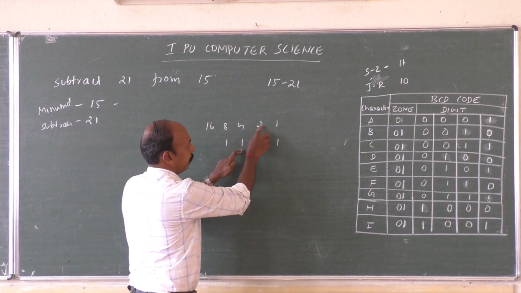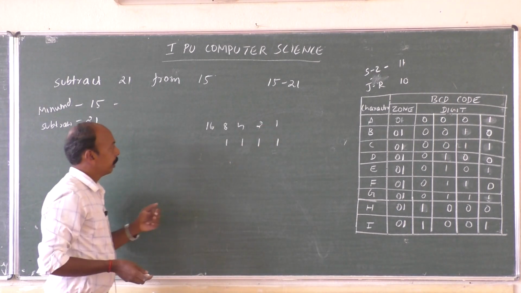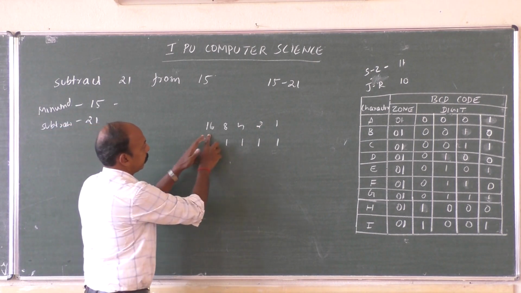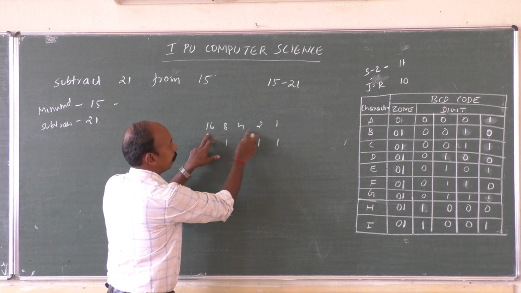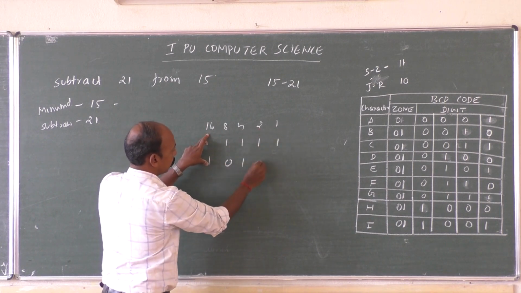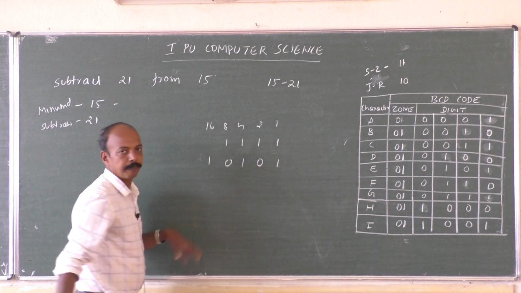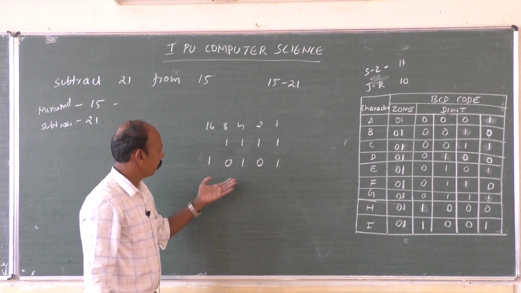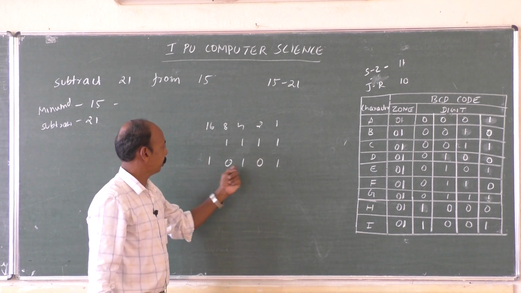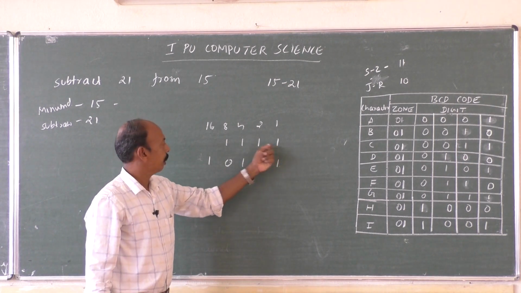8 plus 4, 12, 13, 14, 15. Then comes 21. 21 is what? 16 plus 4 will be 20, 20 plus 1 will be 21. So 1, 0, 1, 0, 1. According to the rule, number of bits in both the numbers should be equal. Here we have 1, 2, 3, 4, 5. What about this? 1, 2, 3, 4.